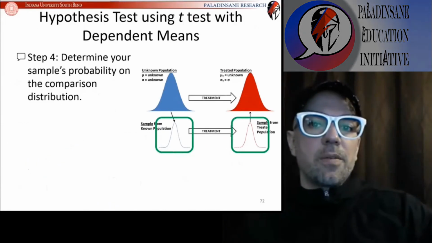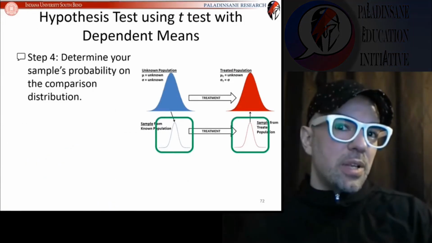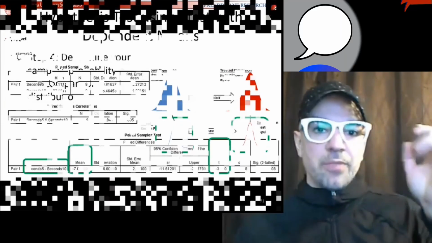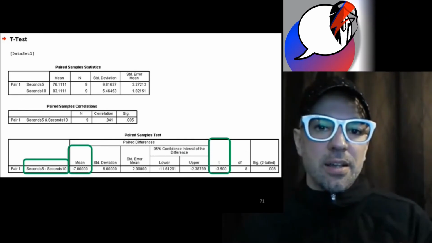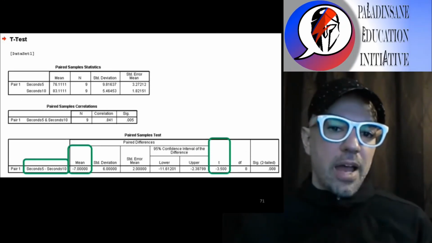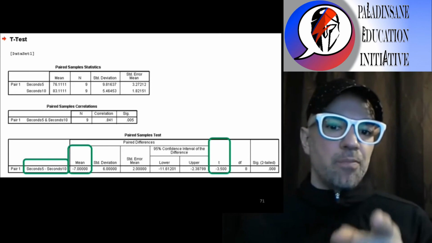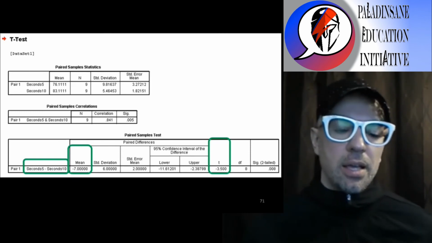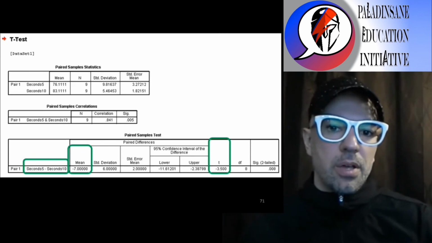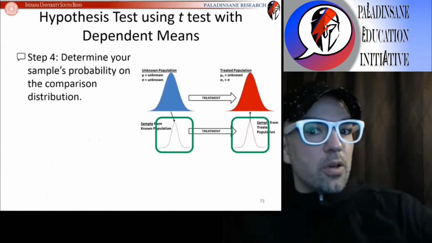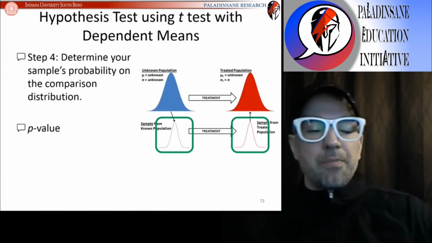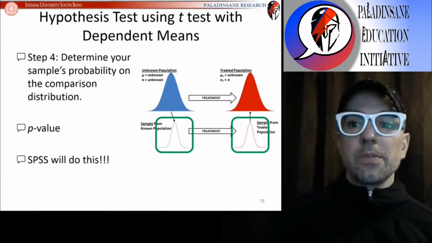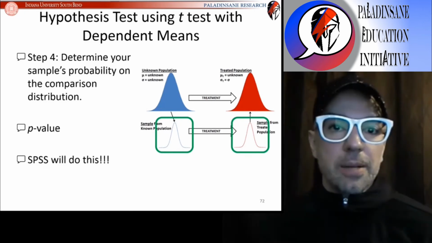So now we need to figure out, what's our sample's probability on this comparison distribution? That is, given that t-statistic, find the probability in the tails associated with it. That's the probability of your sample. That would be very difficult to do given the table that we have, so thankfully, SPSS will do this for us, and we just need to know where to read it.